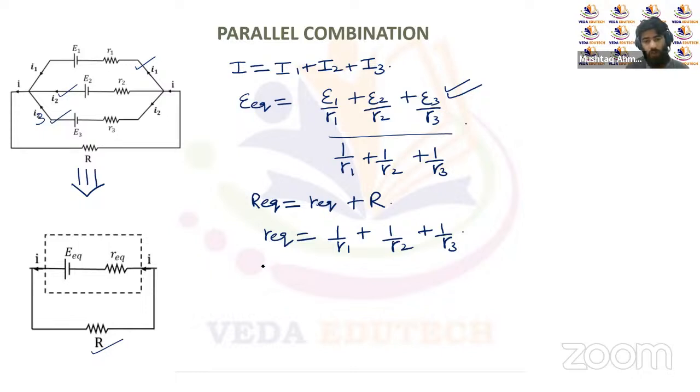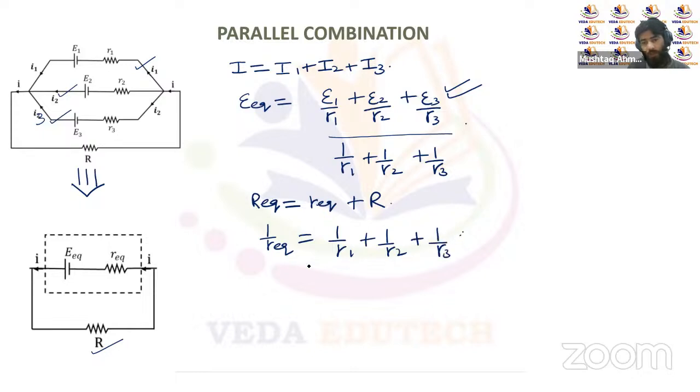So our total equivalent resistance of this circuit is 1 over R1 plus 1 over R2, right? Just a minute. This will actually be 1 over r equivalent, so 1 over r equivalent will be equal to 1 over R1 plus 1 over R2 plus 1 over R3.